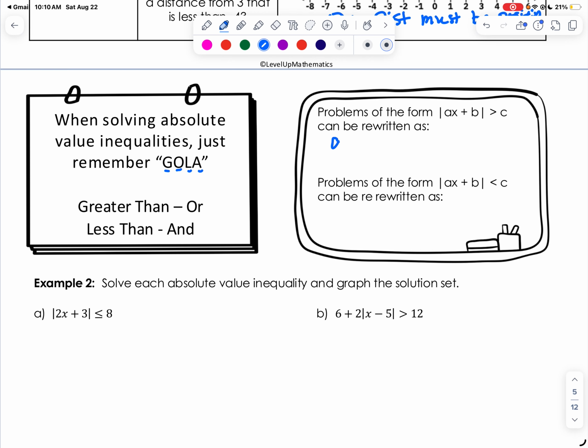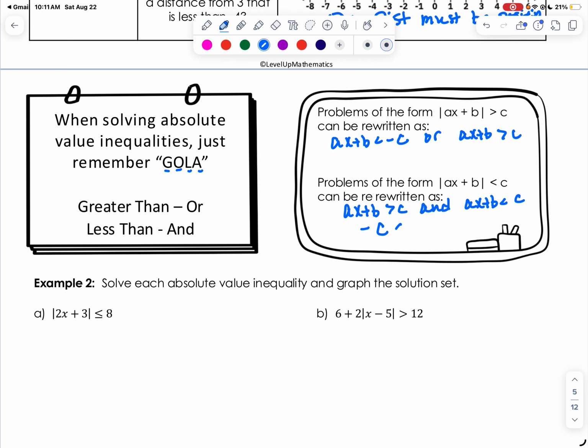So AX plus B is less than opposite C, or AX plus B is greater than positive C. Now, if you have an absolute value that's less than C, you can write it as AX plus B is greater than negative C and AX plus B is less than C. Or you can write it a shorter way.